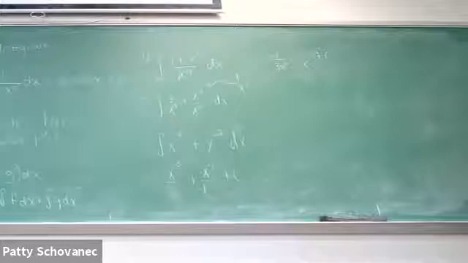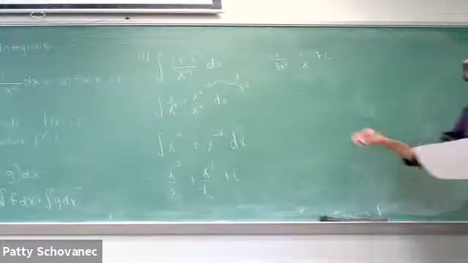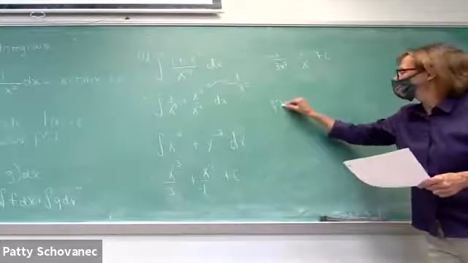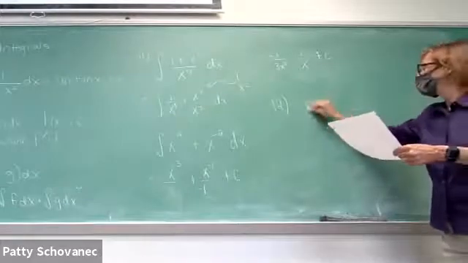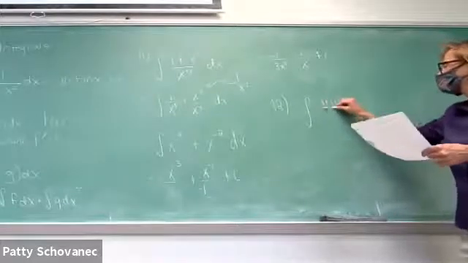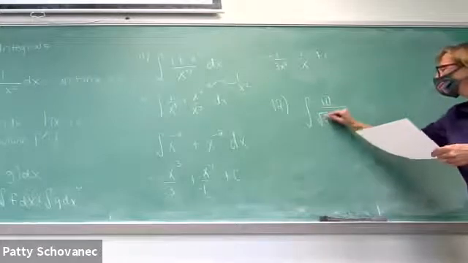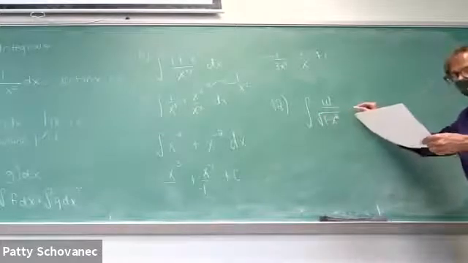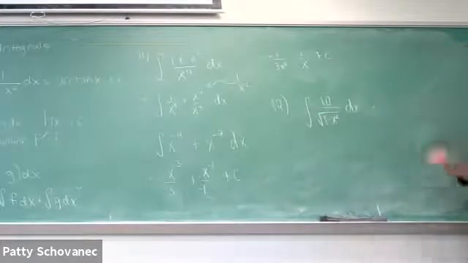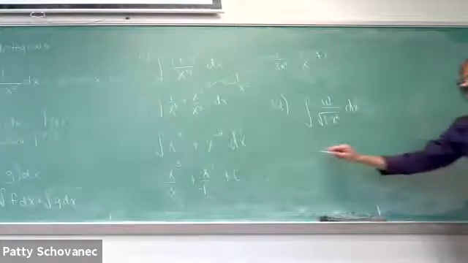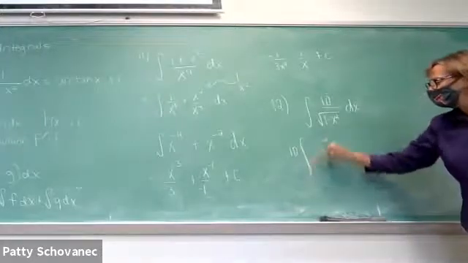So let's see if you recognize anything here on number 12. The 10 we don't have to worry about. We can pull the 10 out front. And then you've got to think backwards.